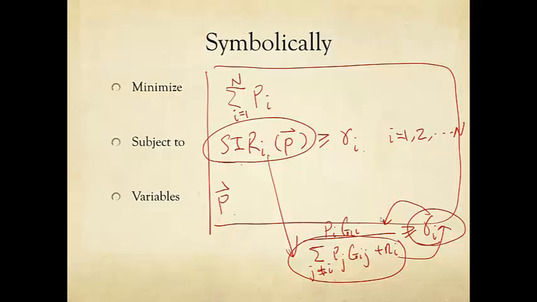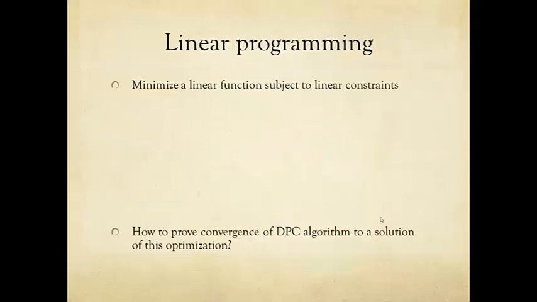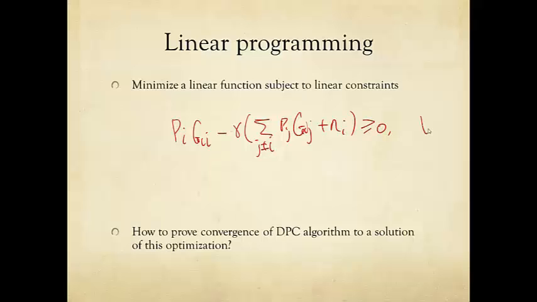Then what you have is the following: P_i G_ii minus gamma times the summation over j not equal to i of P_j G_ij plus N_i, greater than or equal to 0 for all the i's.